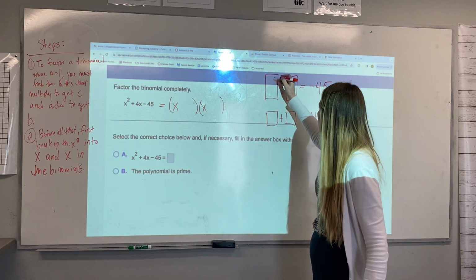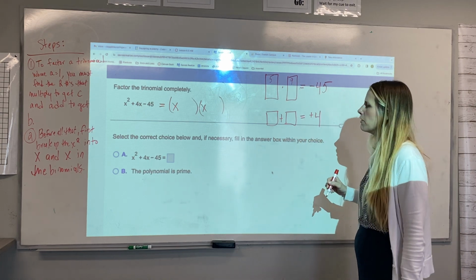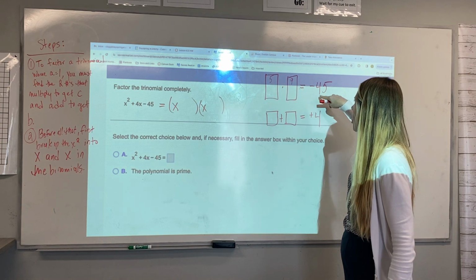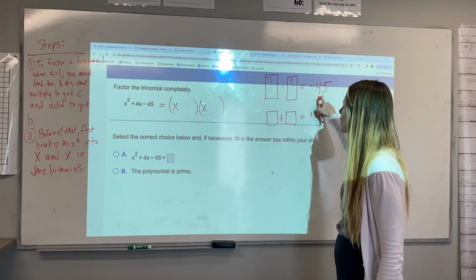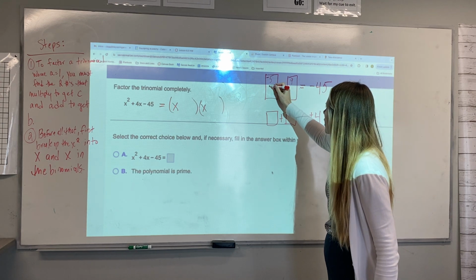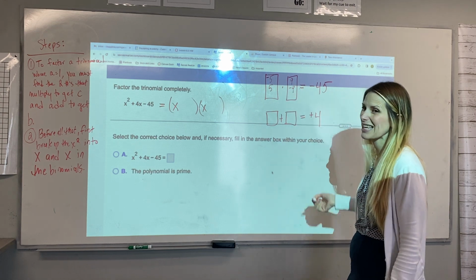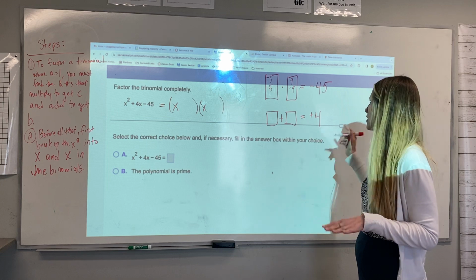Okay, let's think about factors of 45. 5 and 9. If 5 and 9 multiply together to get positive 45, then making one of them negative could get a negative 45, which means that it could also be possible to have a positive 5 and a negative 9, so basically making the other one negative. Both of these factor pairs would multiply together to get negative 45.